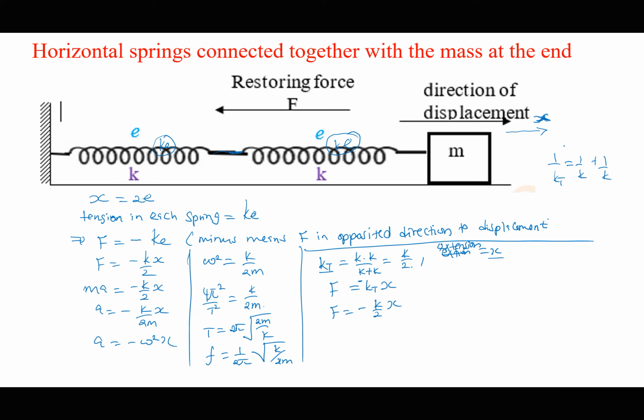So if x is the effective extension, we just need the effective constant and combine the two. So F is going to be effective constant times the effective extension. That gives us the same thing. So you can think about it in this direction.